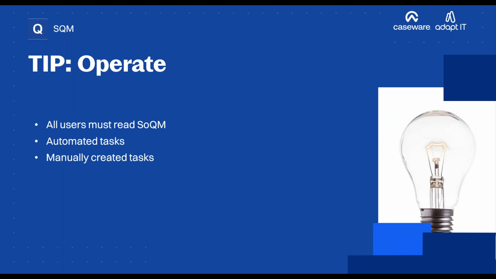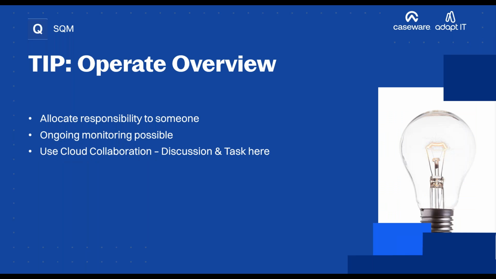Also, if I have a look at our tips for Operate Overview, I think this is something where, especially as firms start to implement, and even more so as firms start to really make sure that things are happening, start to monitor, start to see how this process is working, or if users have actually bought into the process, this is where I believe you can really start to see the value.